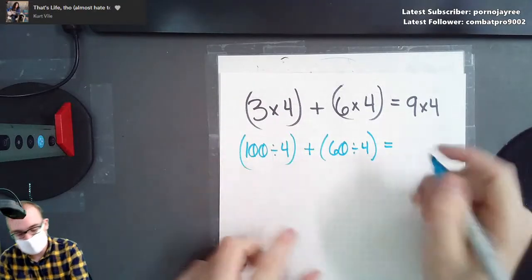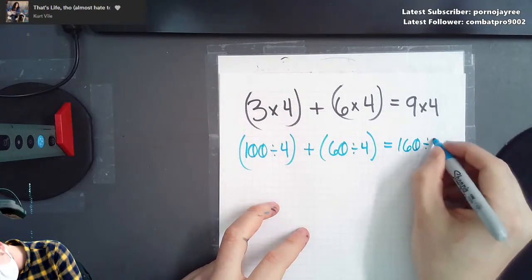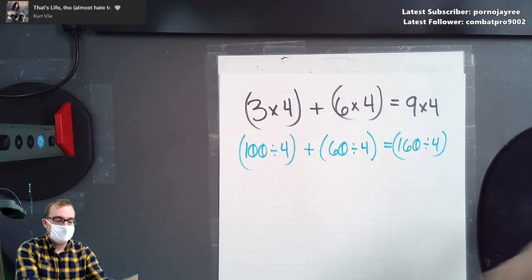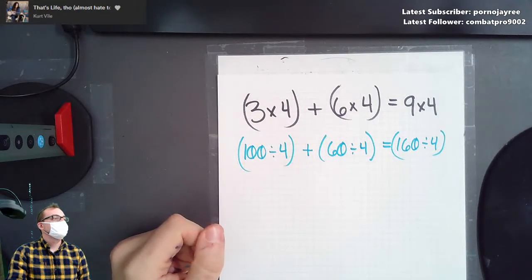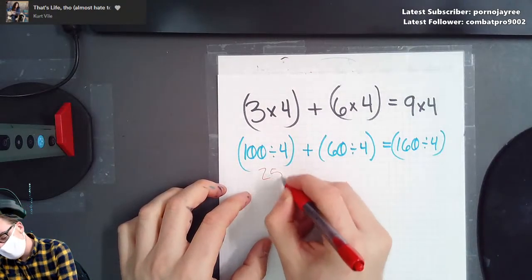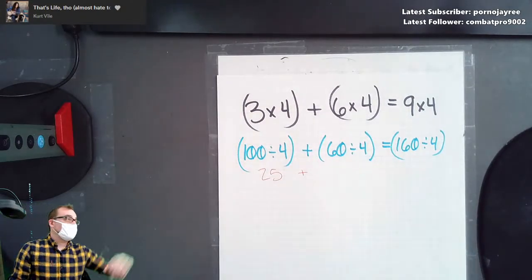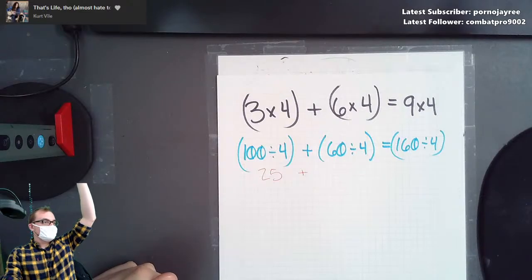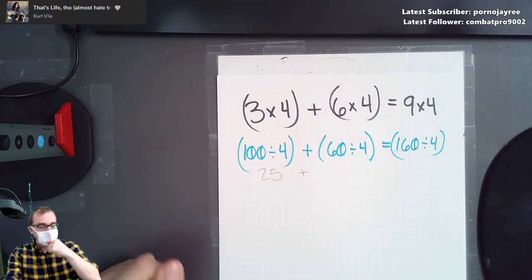We added these to make 160. What do you think? What's 100 divided by 4? 25. 60 divided by 4. Clock. Cut it into quarters. Cut the clock into quarters. What do you get? 15. 15, right? 15 minutes is a quarter, right? Oh. The clock.